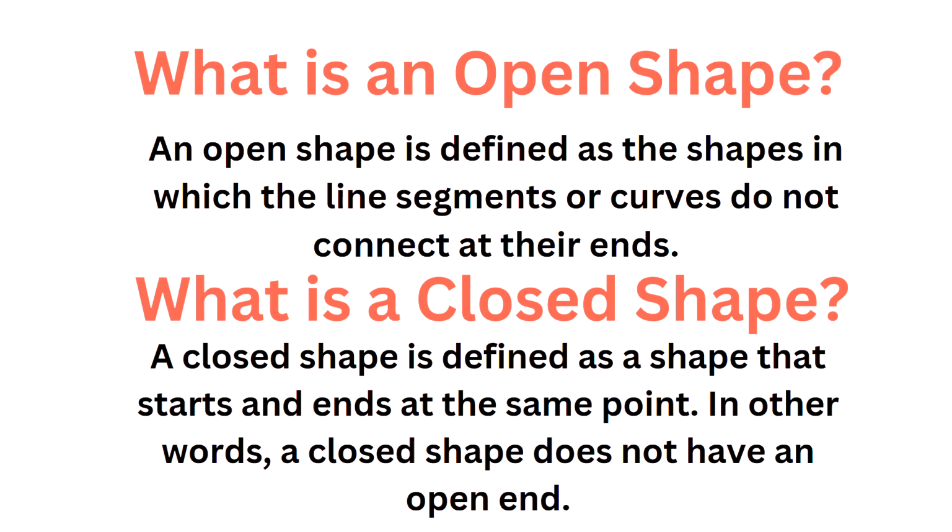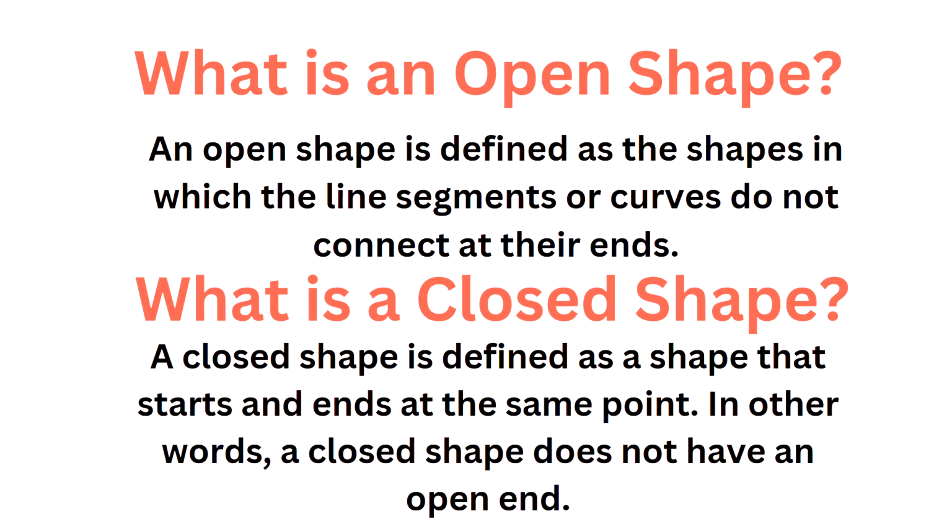So what is an open shape? An open shape is defined as a shape in which the line segments or curves do not connect at their ends. It means that in open shapes, the ending and starting points are not joining each other. And just the opposite of an open shape, we have a closed shape.